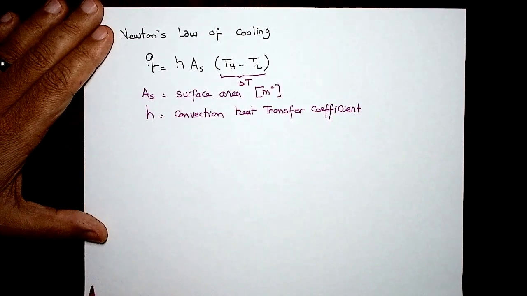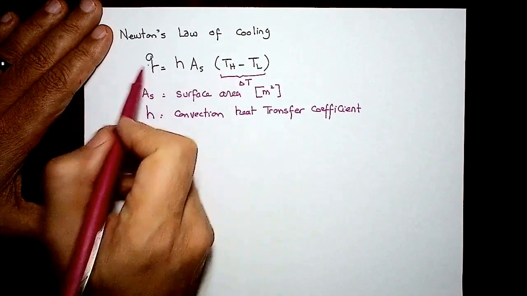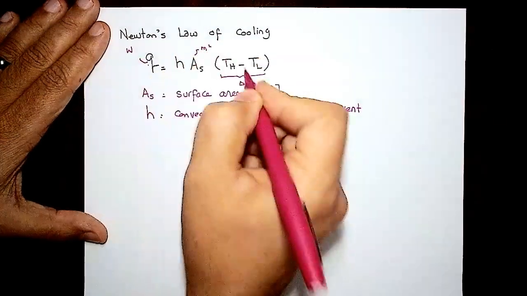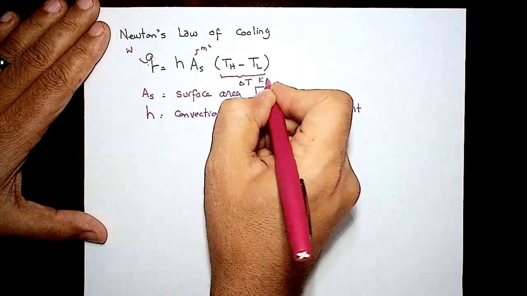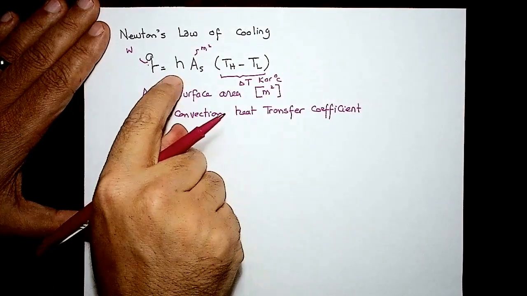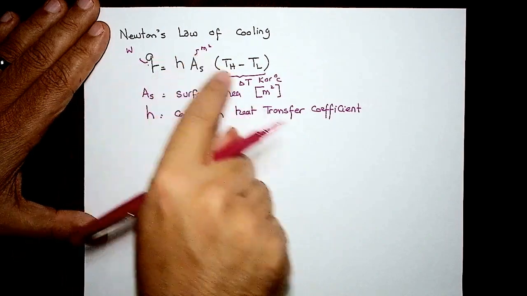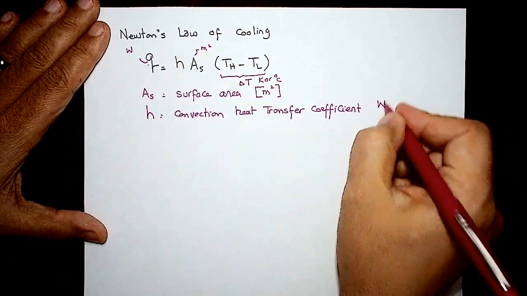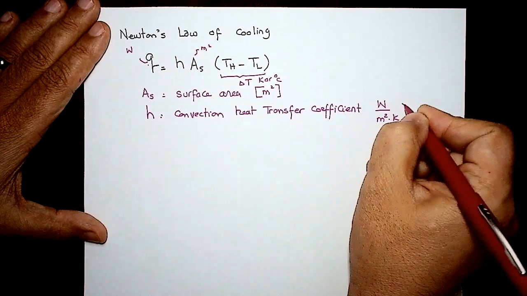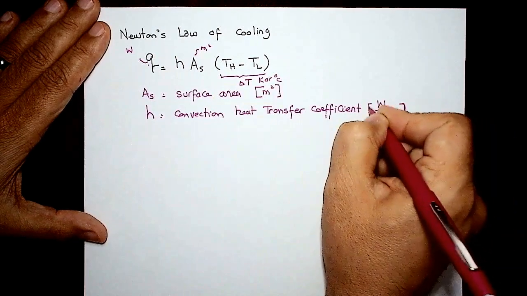The convection heat transfer coefficient, you can get the units from here. This has a unit of watts. This has a unit of meter squared. What's the unit of delta T? Kelvin or degree C? Go back to the temperature scale. So if you want to get the units of h, it's going to be watt divided by meter squared Kelvin. So it's watt per meter squared Kelvin or degree C. It doesn't matter. It's coming from delta T.